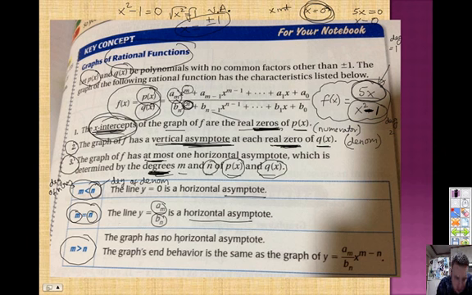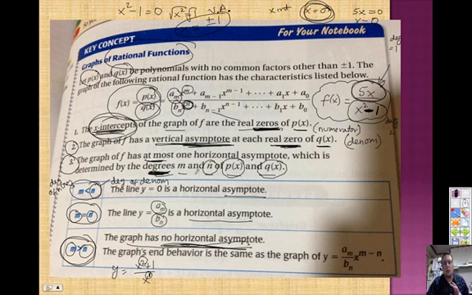Lastly, the graph has no horizontal asymptote if the numerator has a bigger degree than the denominator. A little example: y equals x squared plus 1 over x. The degree of the numerator is bigger than the degree of the denominator, which means no horizontal asymptote. So there are always 3 cases. I need you to memorize those 3 cases and you'll be fine.